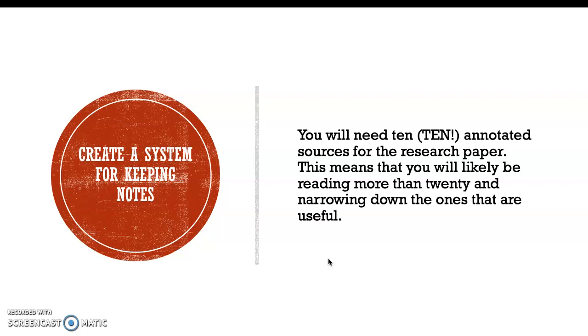But you're going to need 10 total. So in order to find 10 good sources that you feel are worthy of being included in your paper, you're probably going to be looking at more than 20, right? And it can be confusing if you're not keeping track of all of your sources and if you don't have a system to keep track of those sources.